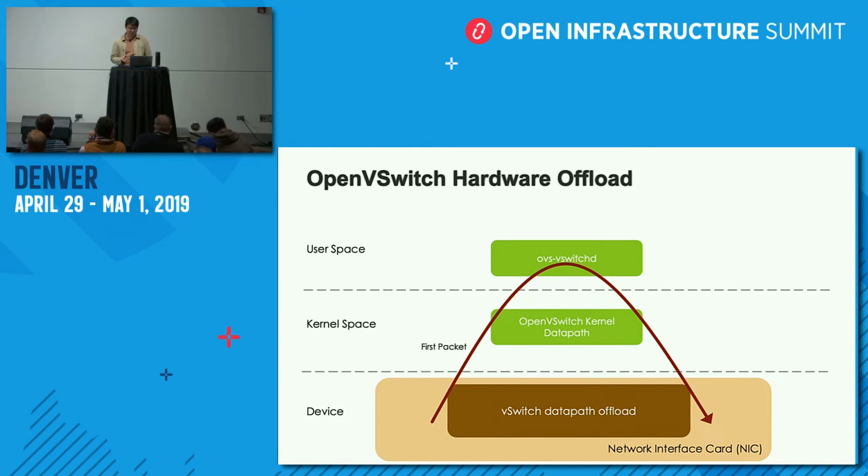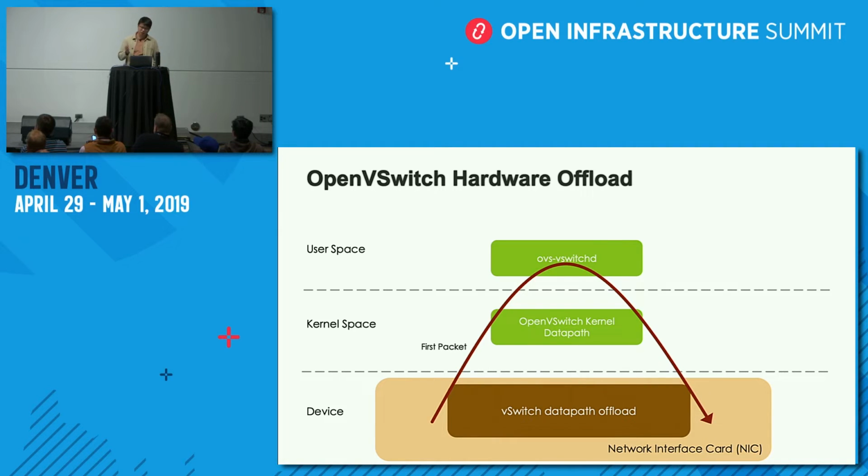So as a default action, hardware data path will upload the packet to OVS kernel data path. But the kernel data path also doesn't know what to do with the packet. So it will continue to upload the first packet to OVS-VSHD because this is a default action.